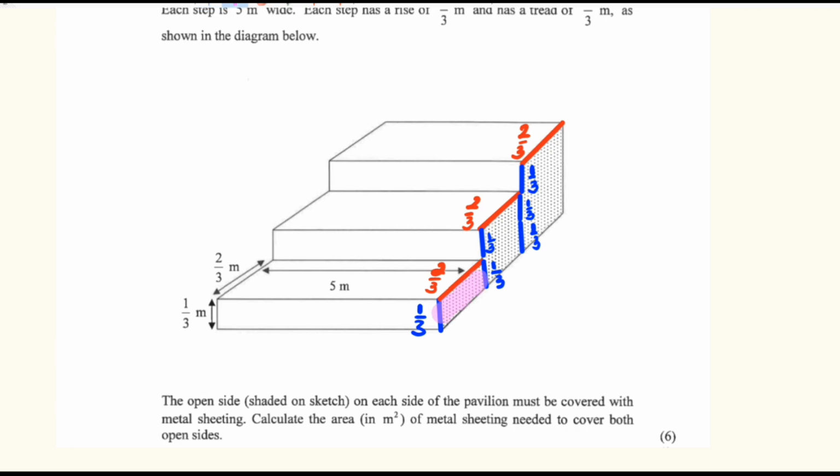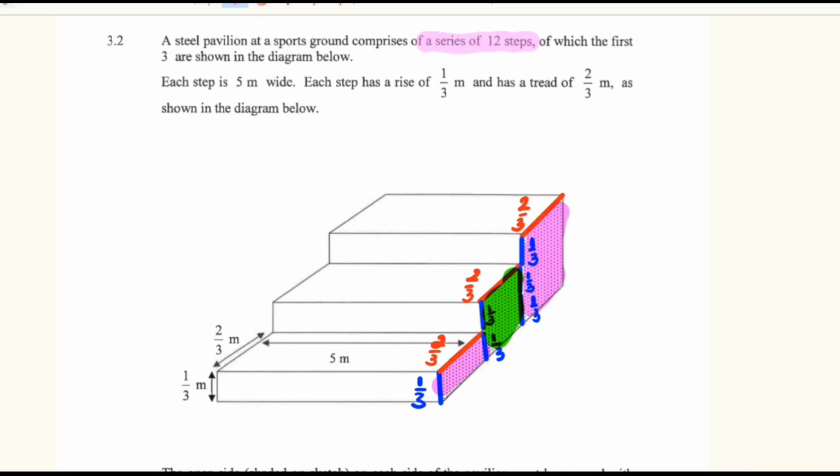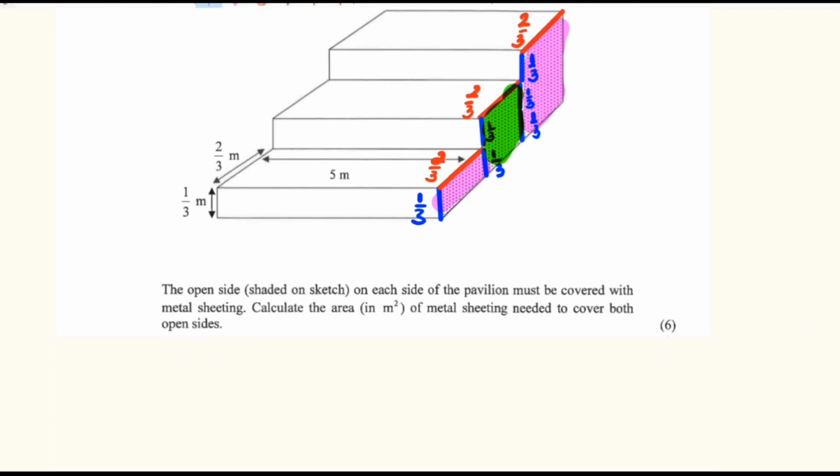So we can just calculate that area individually, and also come back and calculate that area, and calculate that area, until we have all the 12 steps. Remember that we were told that the pavilion has a series of 12 steps, so we have to calculate 12 areas for each step on their sides.